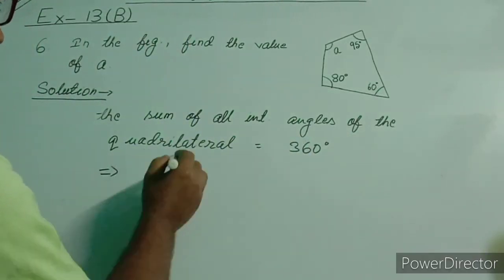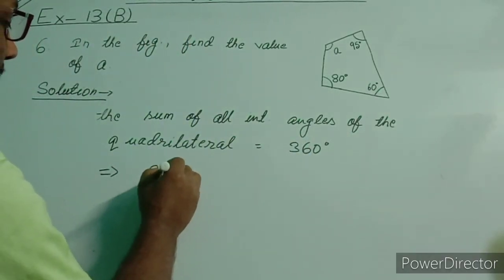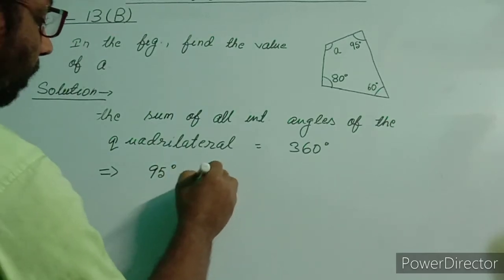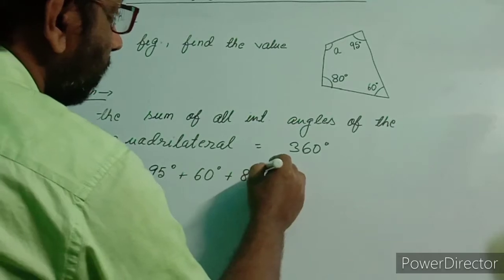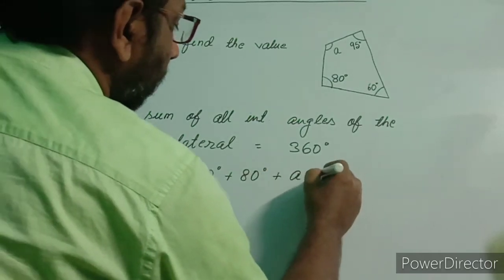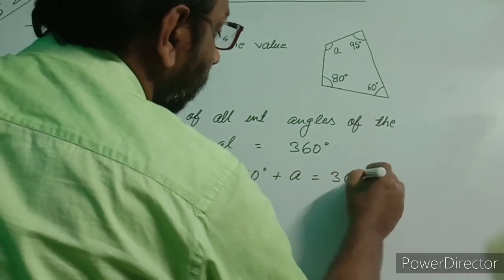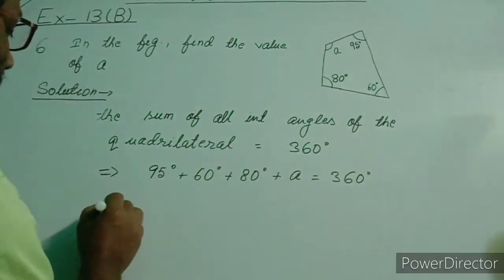Implies that those four angles are 95 degrees plus 60 degrees plus 80 degrees plus A equal to 360 degrees.